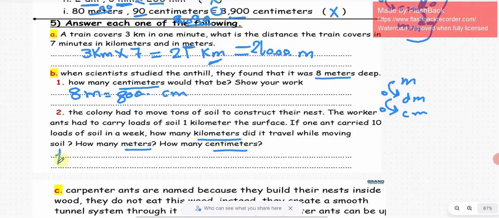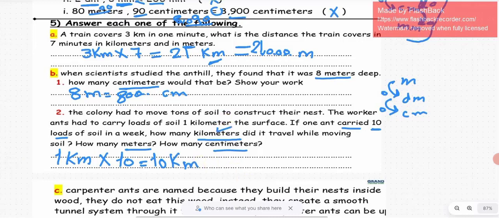It moves 1 kilometer, and this 1 kilometer will be repeated 10 times. So 1 kilometer times 10. The ant traveled 10 kilometers in this week.